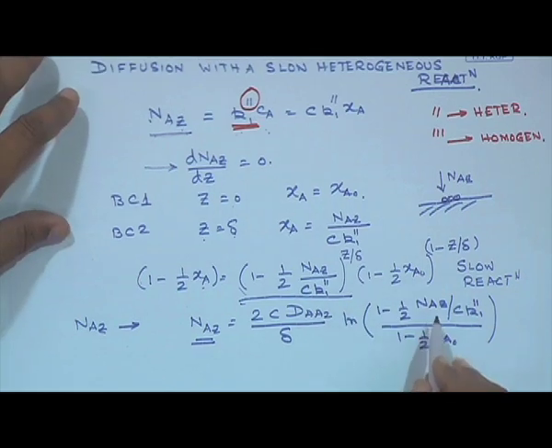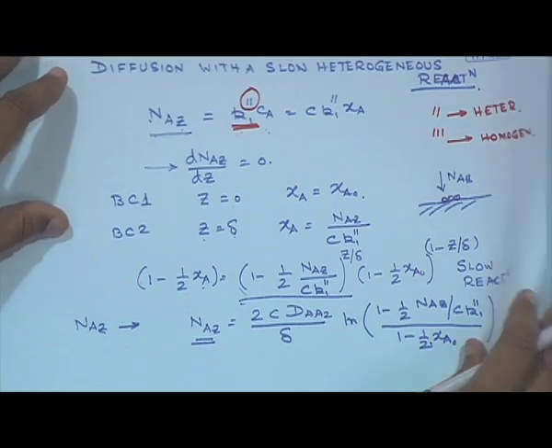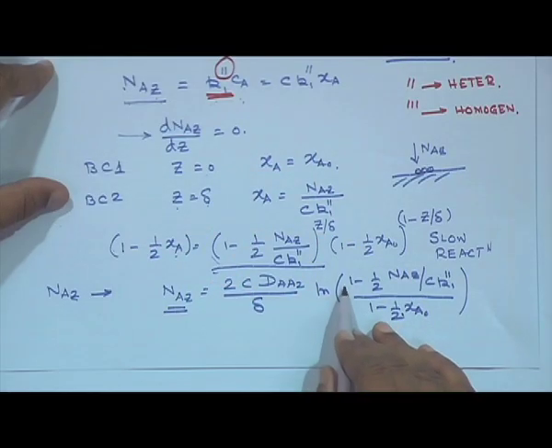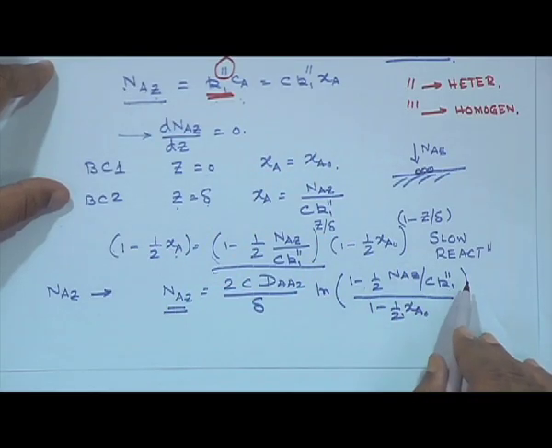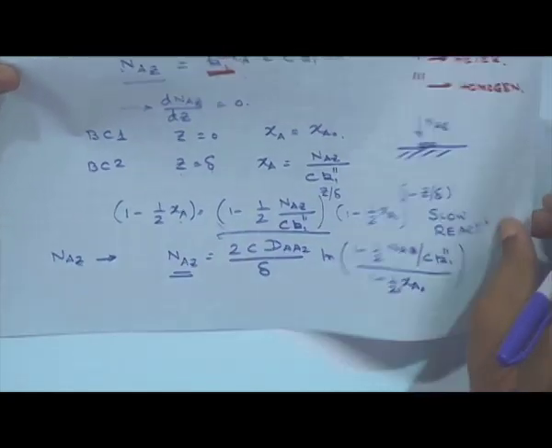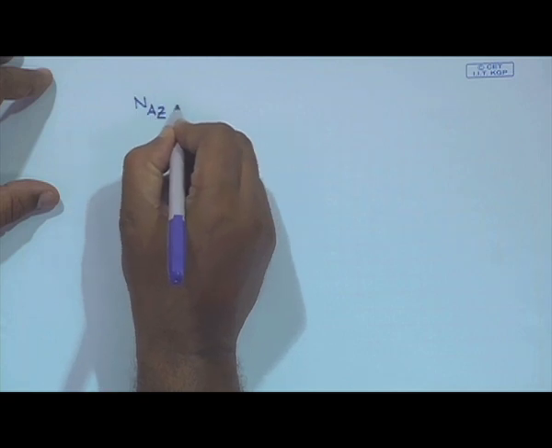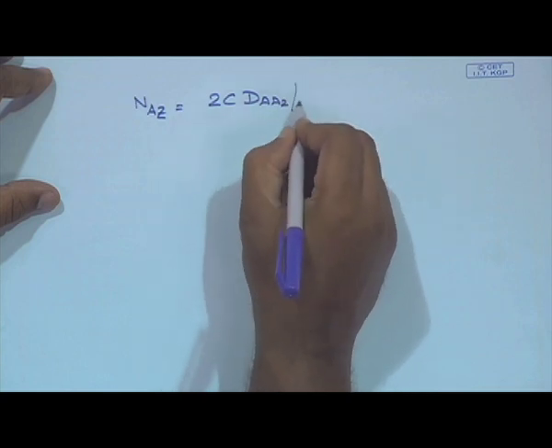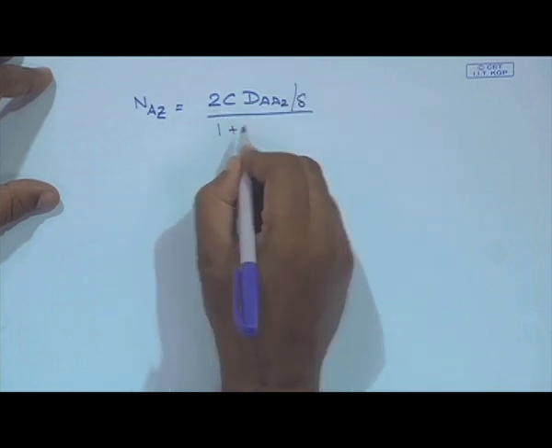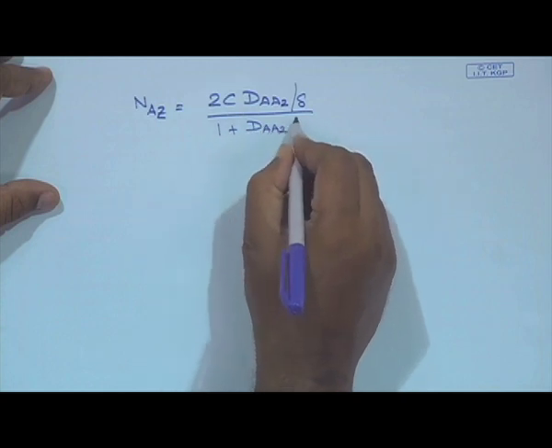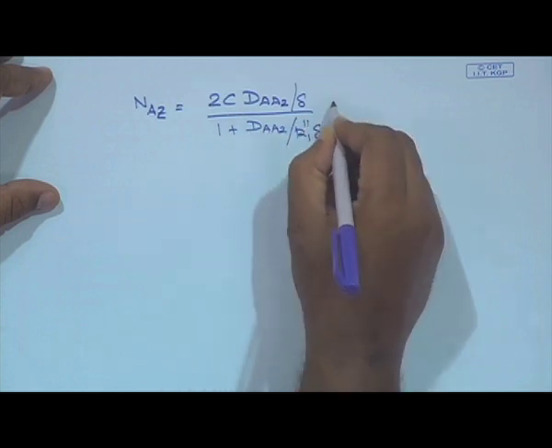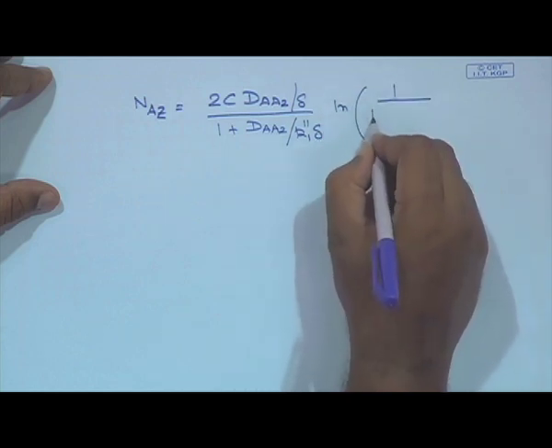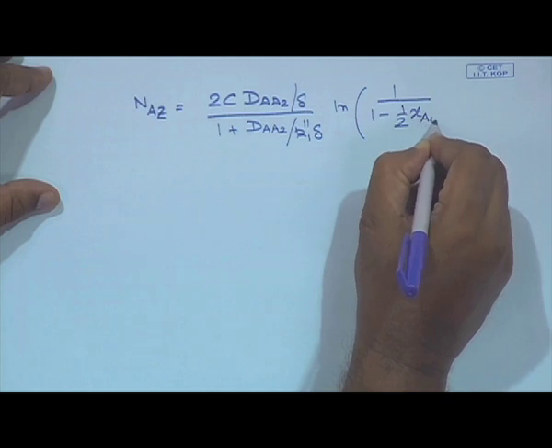Since this is logarithmic, if this term is small, the logarithm of the numerator can be expressed in a Taylor series, and considering only the first term, a slight simplification of this equation can be obtained, which would give you NaZ equal to twice C times the diffusion coefficient of A in A2 divided by delta, times 1 plus the diffusion coefficient divided by K1 double prime delta, times ln of 1 by 1 minus half XA0.